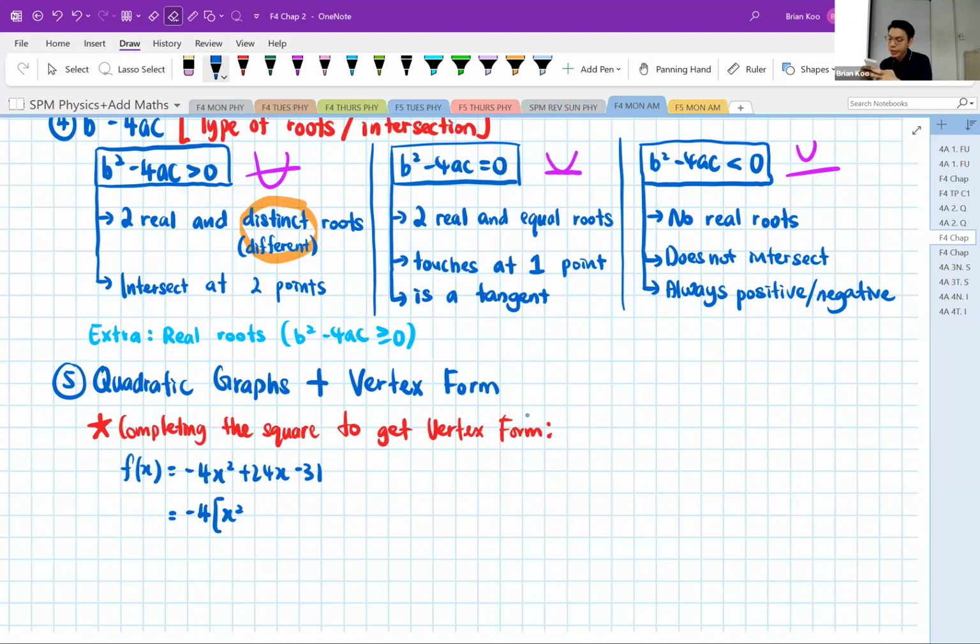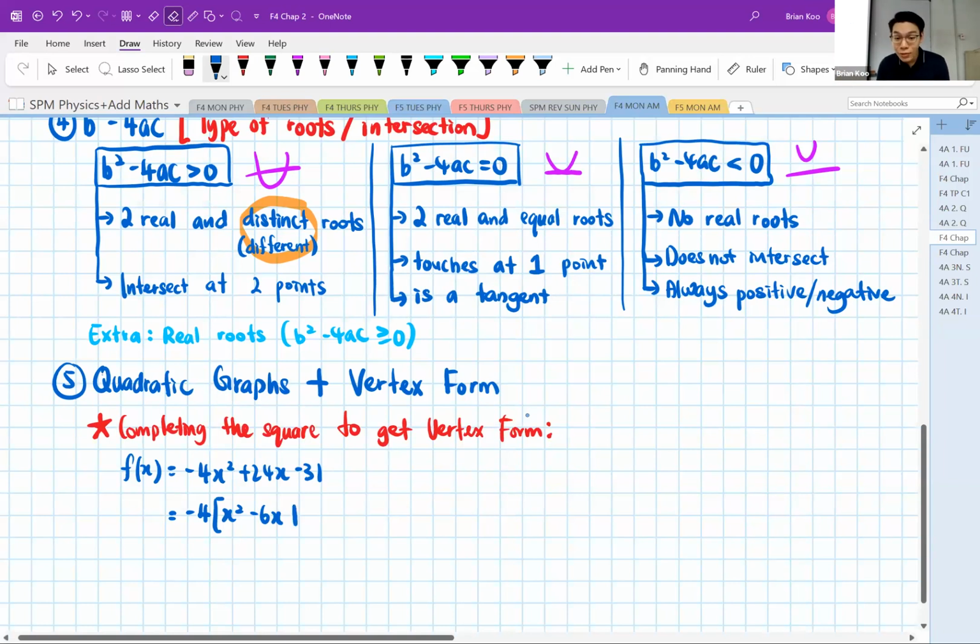Okay, I'll take out my calculator. If you are not very good with the factorizing one, we use calculator to do it. You factorize out -4, you have to divide -4 inside. Everybody divide -4. So first one, -4 divided by -4, I get positive 1. 24 you divide by -4, you get -6. -31 you divide by -4, you get positive 31 over 4.